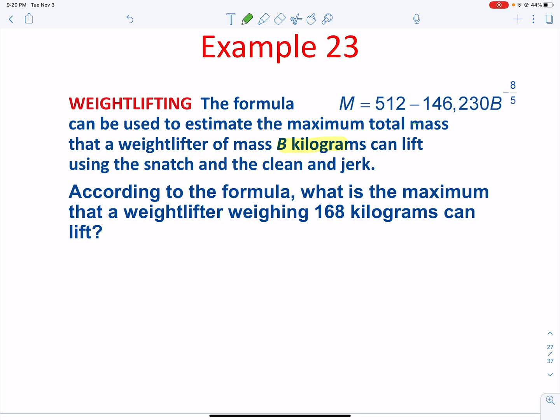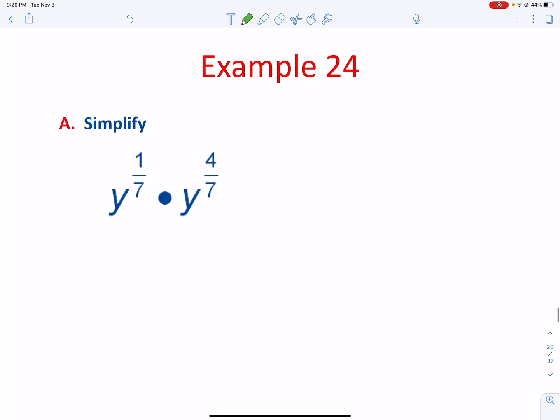So B is the weightlifter's mass. I would put 168 into there and I would hit enter. I do not have a calculator, so you'll have to try that on your own and get your answer. But remember, these story problems on this test are going to be easy in that you will already be given the equation. You just have to figure out where to put things.